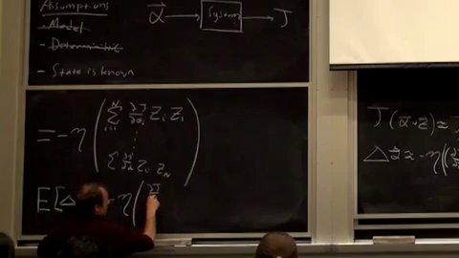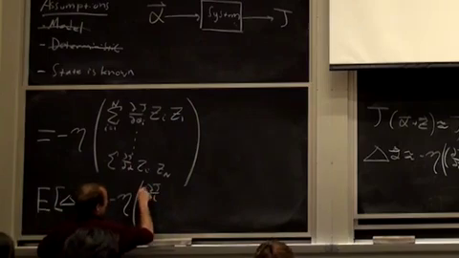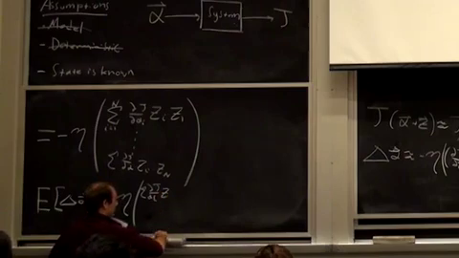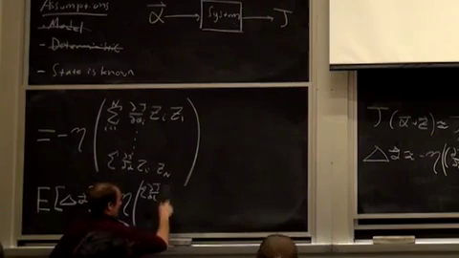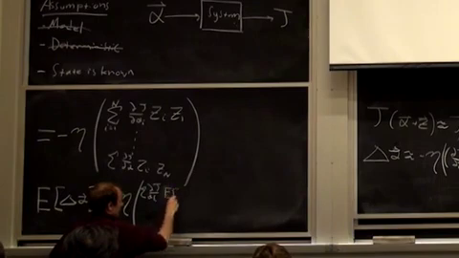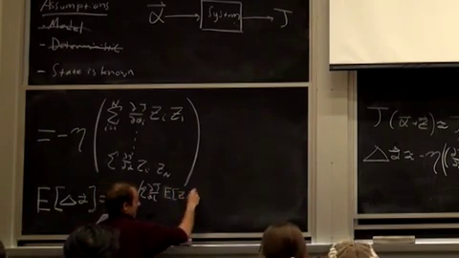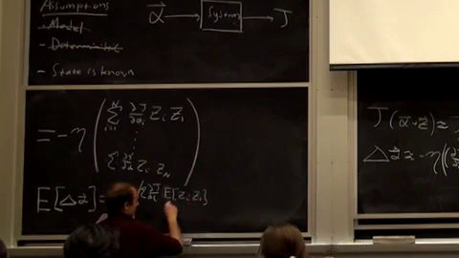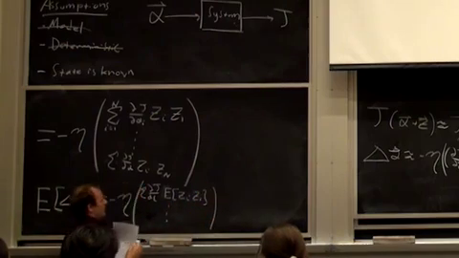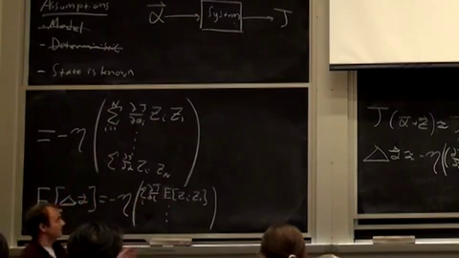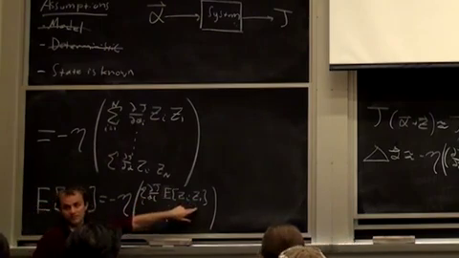So dj d alpha i, again, the sum, expectation of zi, then z1. Now, this sum goes through all the i's, but the first one only has that z1, right?